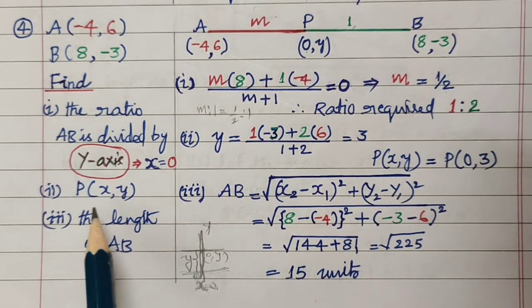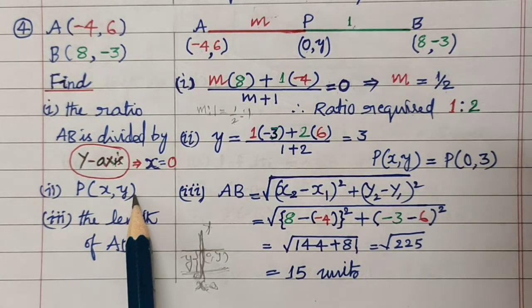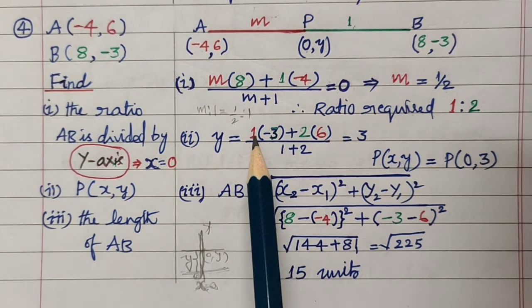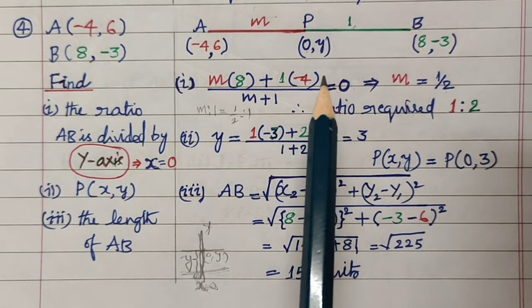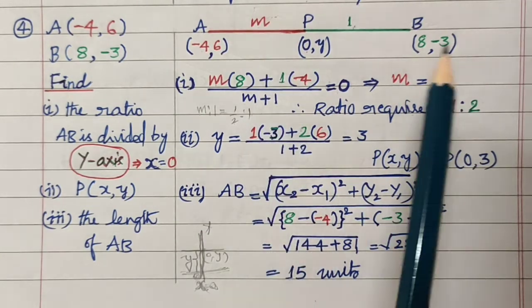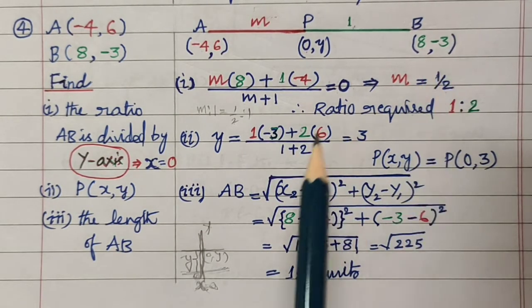Then they are asking us to find out the coordinates of P. We already know that the value of x is 0, then we need to find out y. We know that y is given by m into y2 plus n into y1, divided by m plus n.